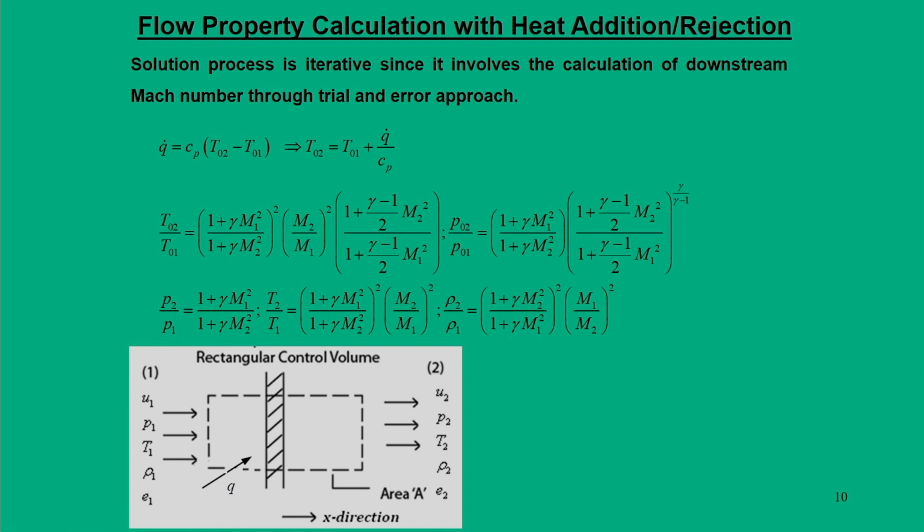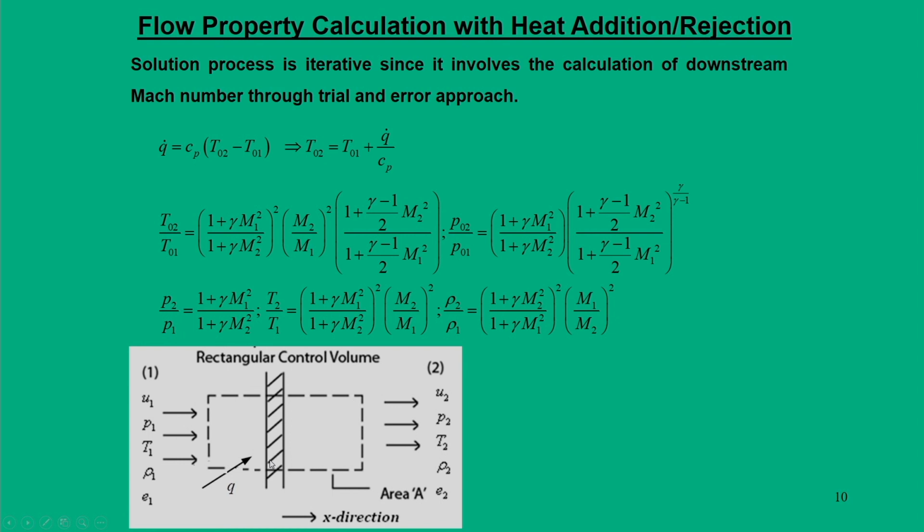Okay. So, with these equations we have now summarized how we are going to evaluate the downstream flow properties for a heat addition process in a one dimensional compressible medium.